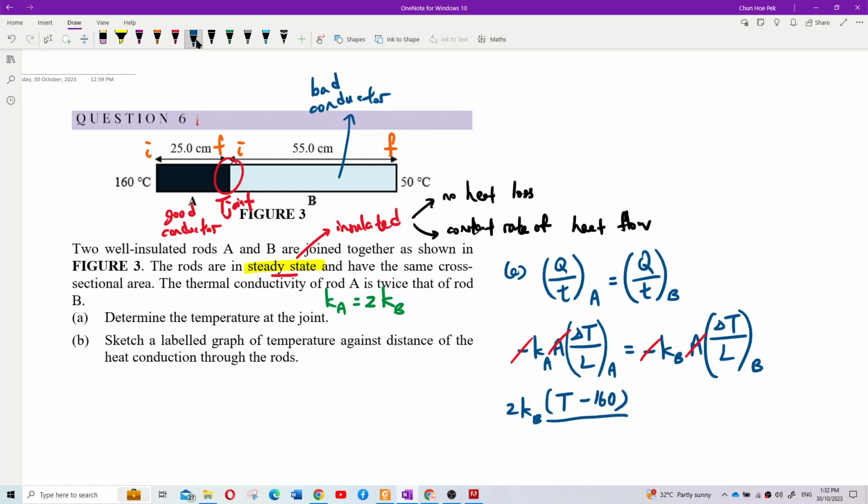And then, okay, class, do I need to change degrees Celsius to Kelvin? No need. Remember, I said about this before. For change of temperature, delta T, you can use either degrees Celsius or Kelvin, because an increase of 1 degree Celsius is the same as an increase of 1 Kelvin.